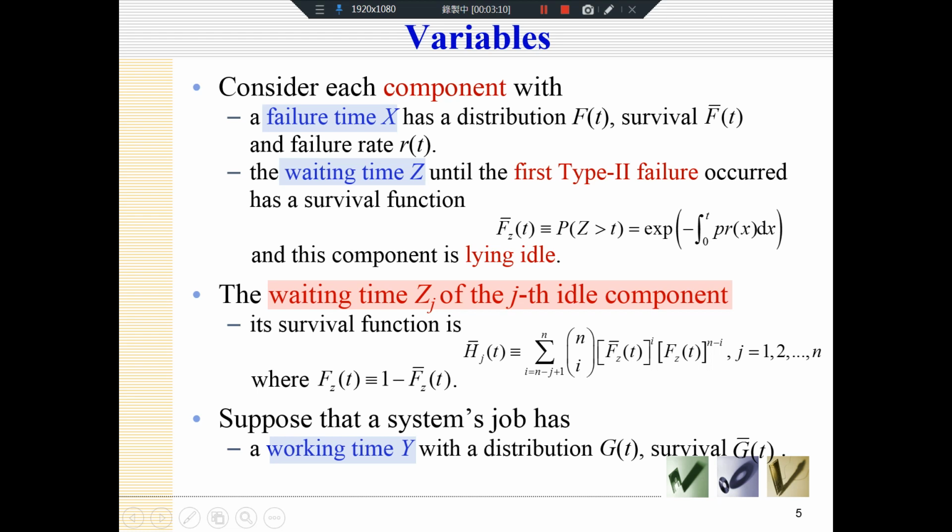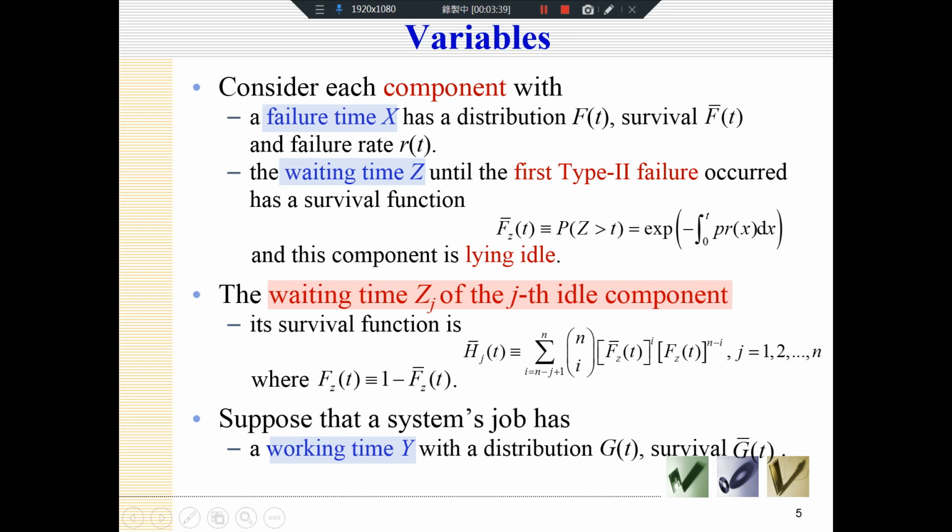This slide shows the definition of variables in our paper. Consider each component with failure time X has a distribution F of t, survival F bar of t, and failure rate r of t, and the waiting time Z until the first type 2 failure occurs has a survival function F_Z bar of t.